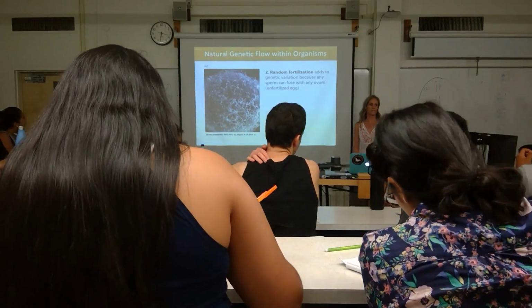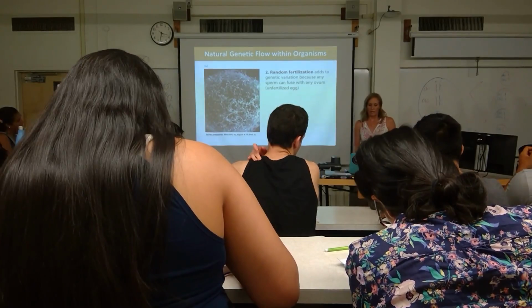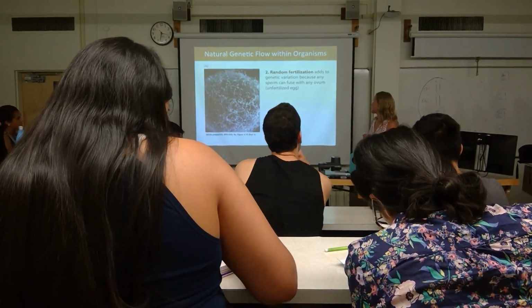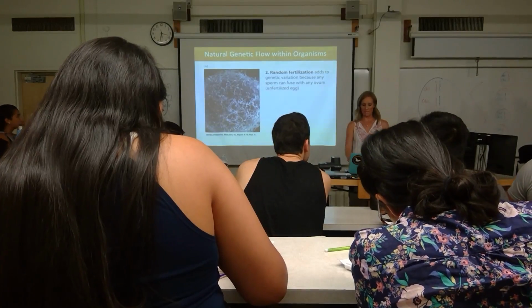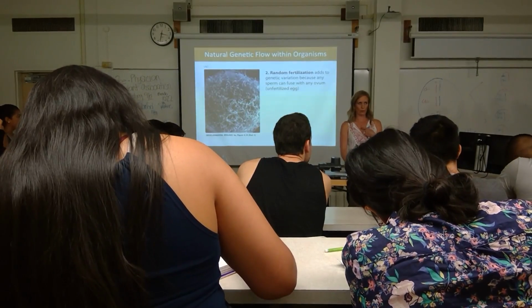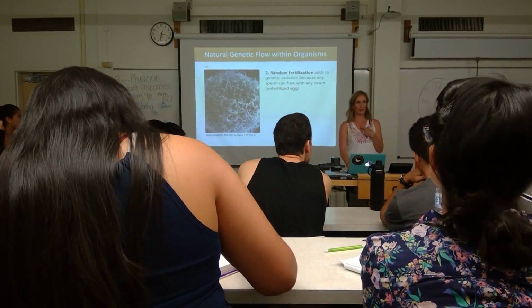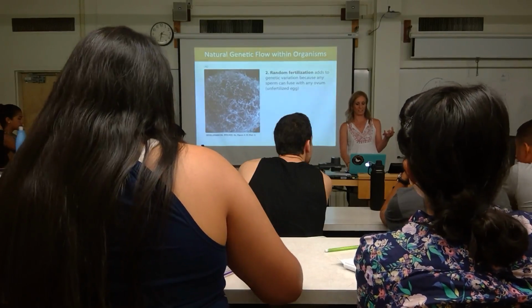Then there's random fertilization, right? Because any sperm can fuse with any egg, that means for each one of my eggs, there's 8.4 million potential combinations. For a sperm, 8.4 million potential combinations, right?